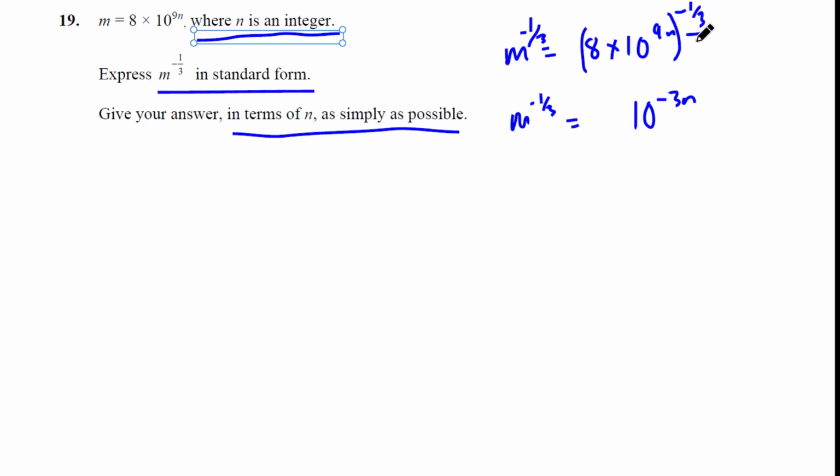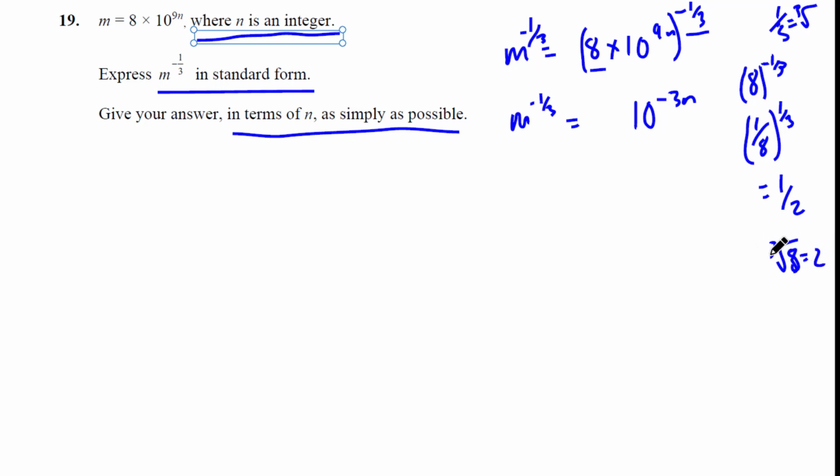Now we need to do this power on this 8. Now hopefully you remember that the power of a third is the same as cubic root, and 8 to the minus a third is the same as 1 over 8 to the third, so that equals 1 over 2, because you're just cubic rooting the 8 at the bottom, which equals 2.